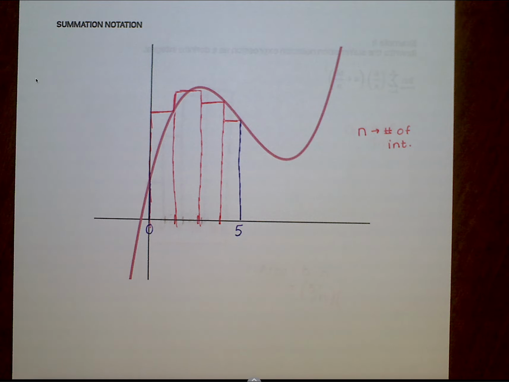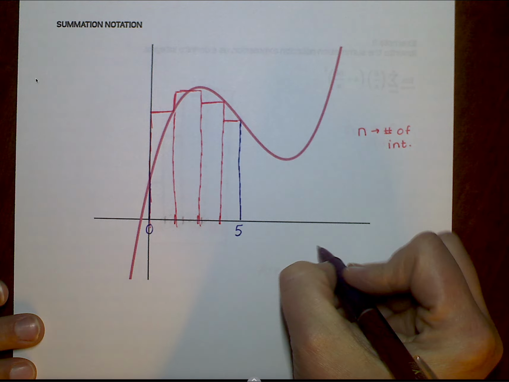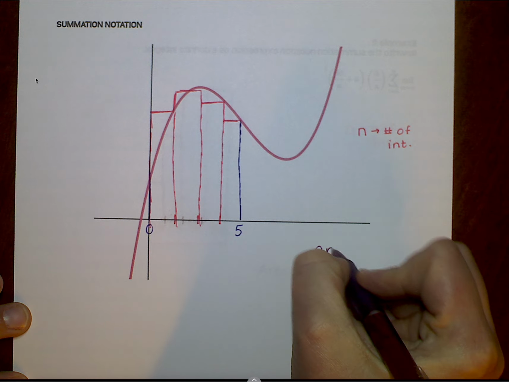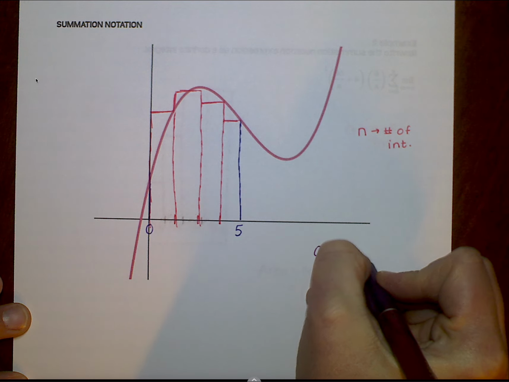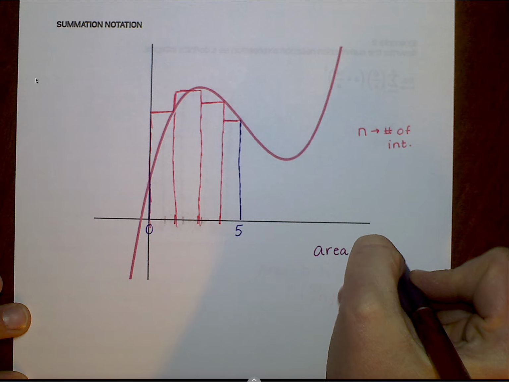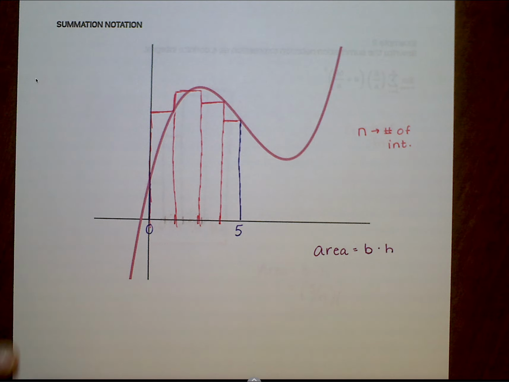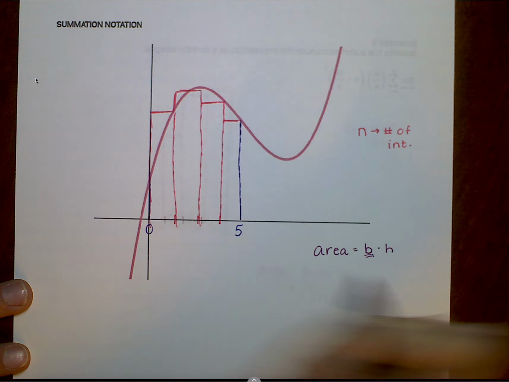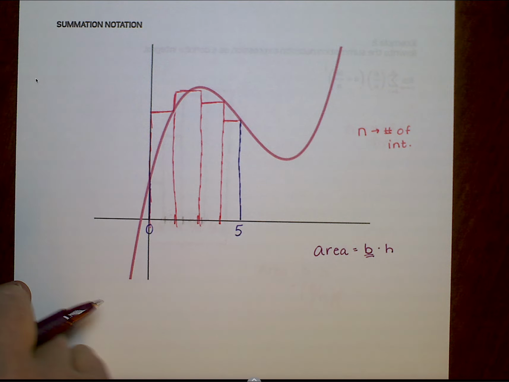So let's start simple. We need to find the area of a rectangle, and I'm going to start with area of a rectangle equals base times height. So let's talk about the base of any one of these rectangles.